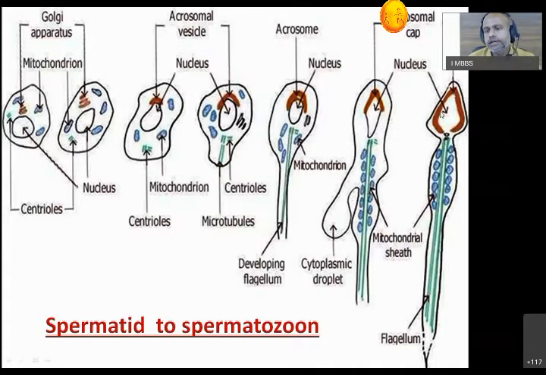The acrosomal cap, formed by the Golgi apparatus, contains digestive enzymes that will digest the layers of the egg and help in the penetration of the sperm into the egg. The energy for the flagellar movement of the cell is provided by the ATP produced by the mitochondria present in the middle piece.